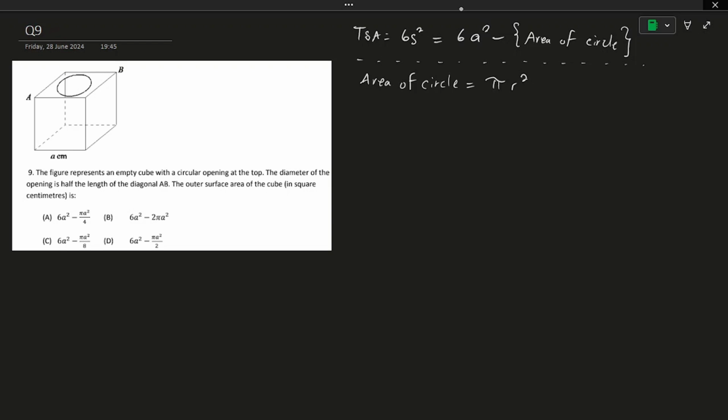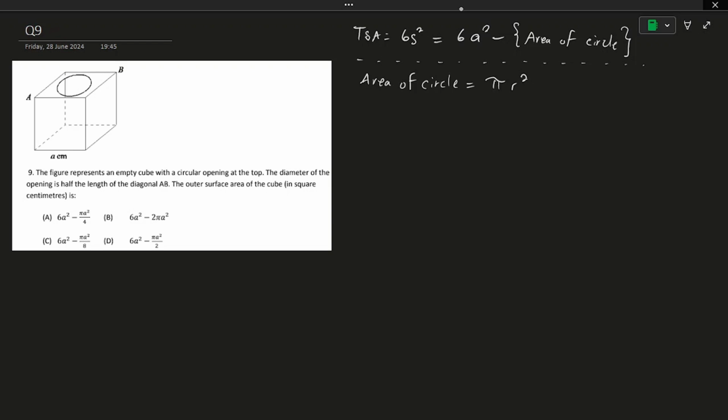Now, the thing that is going to give us a problem is how do we get r? In this case, how do we get our radius? So in other words, we need to read further and see what other information was given to us. We are told that the diameter of the opening is half the length of the diagonal AB.